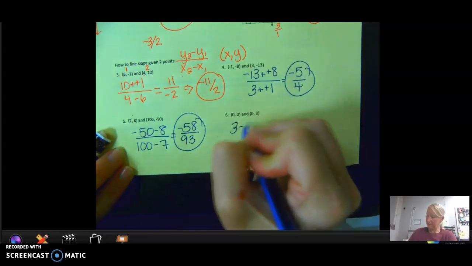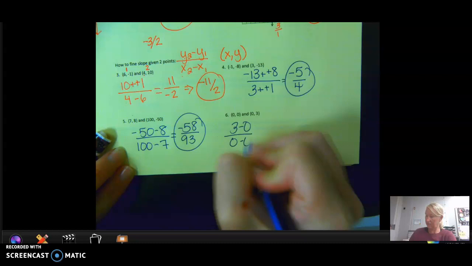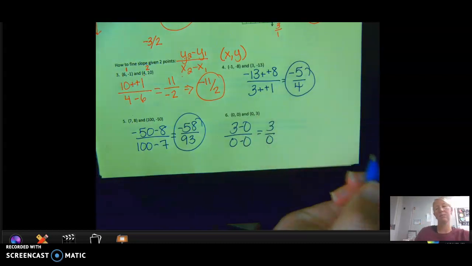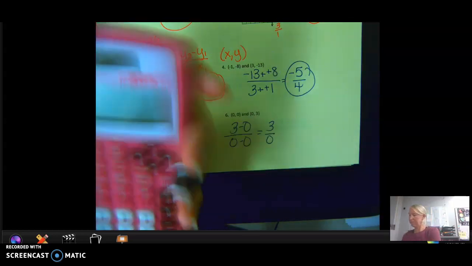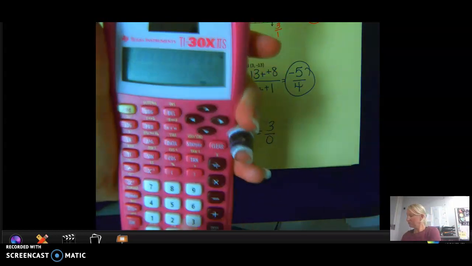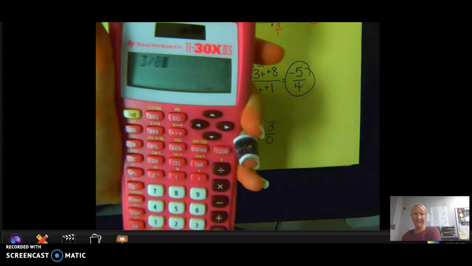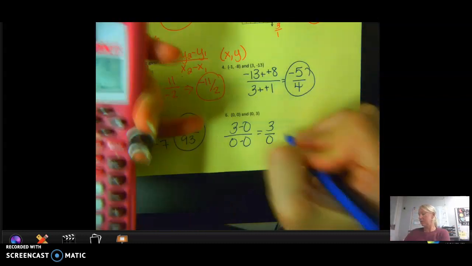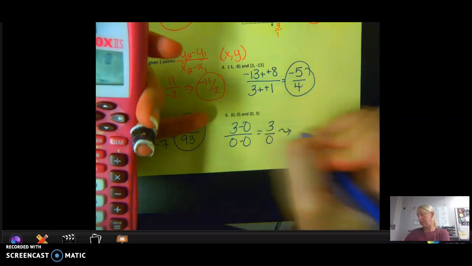This one, 3 minus 0 over 0 minus 0. 3 over 0. Okay, if I type this into my calculator, so a way to remember this, 3 divided by 0 gives me an error because you cannot divide by 0. So that means that this is an undefined slope.